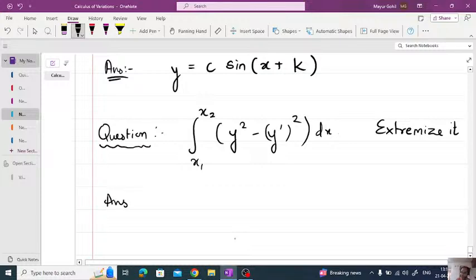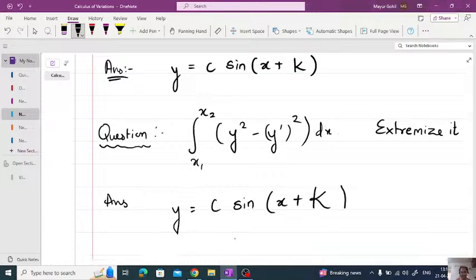Answer is y is equals to again same answer c times sin x plus some constant k. The same answer you will get. So this is about the basics. Okay, I have done part 1 of this today. The remaining part, the difficult part of the whole thing, I'll do in the next lecture.